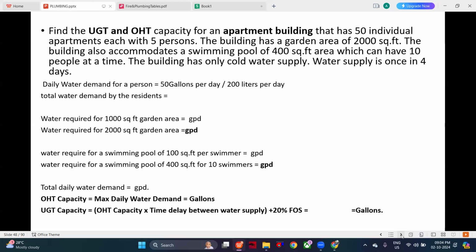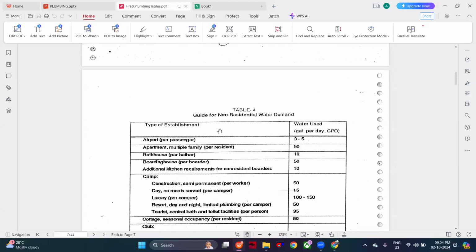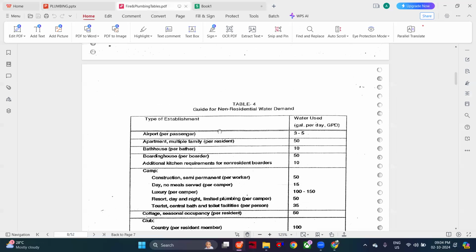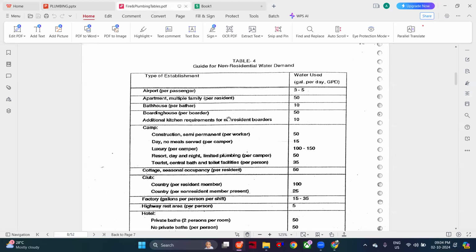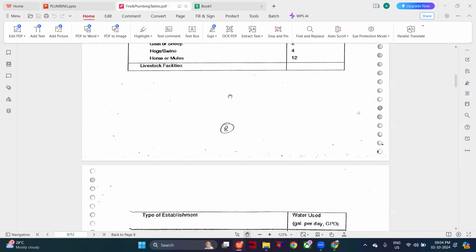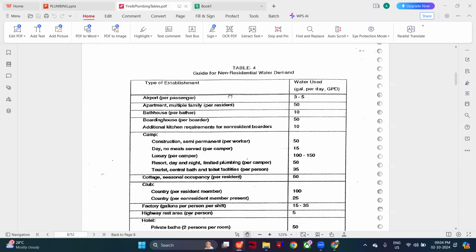So, first of all, the daily water demand for a person. Looking at the table, the water demand for an apartment resident, page number 8: one person needs 50 gallons.